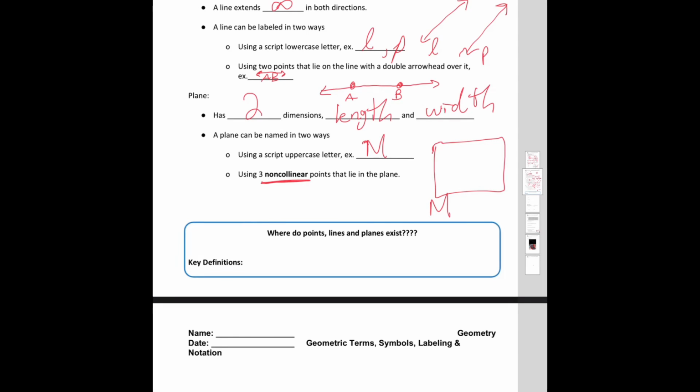So say we had 3 points in here, labeled A up here, a B over here, and a C over here. We could call this plane ABC. That's totally acceptable, though you're more likely to see a plane labeled with just 1 letter. So now, where do points, lines, and planes exist? They can exist anywhere in space, just like we were saying above for all of these. And we're going to be taking a look at a lot of these in the coordinate plane.